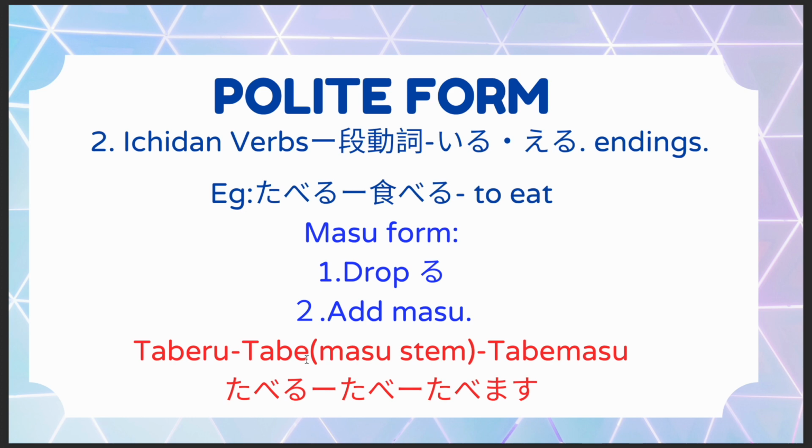So going forward, whenever I say let's use the masu stem, it means we just drop the ru and whatever is left is called the stem. And then you conjugate masu. We're trying to conjugate it to the masu form. So we add masu. Tabemasu.